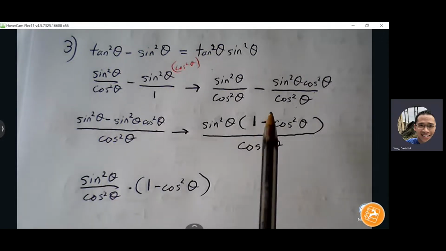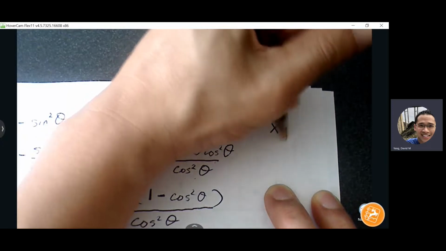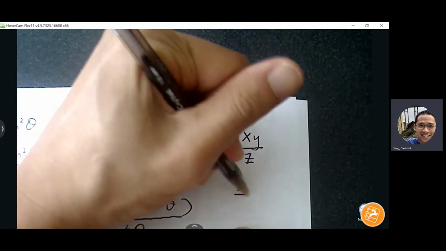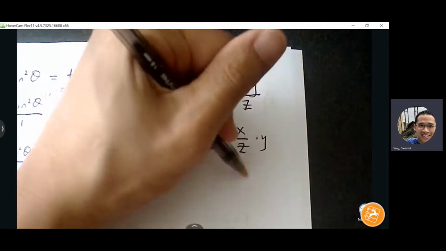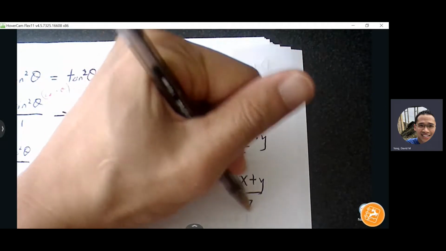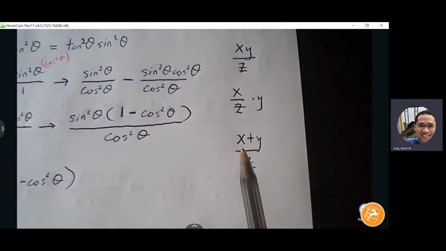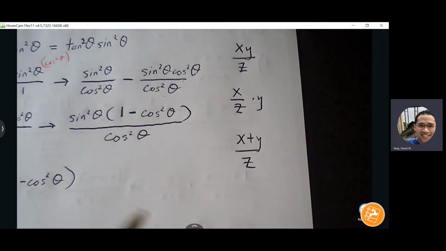We can do that because it's like this. If I have x times y over z, I can break it down into x over z times y. It's not the same thing as if I had x plus y over z. If I have a plus sign up top, I have to split them up into two separate fractions with a common denominator.